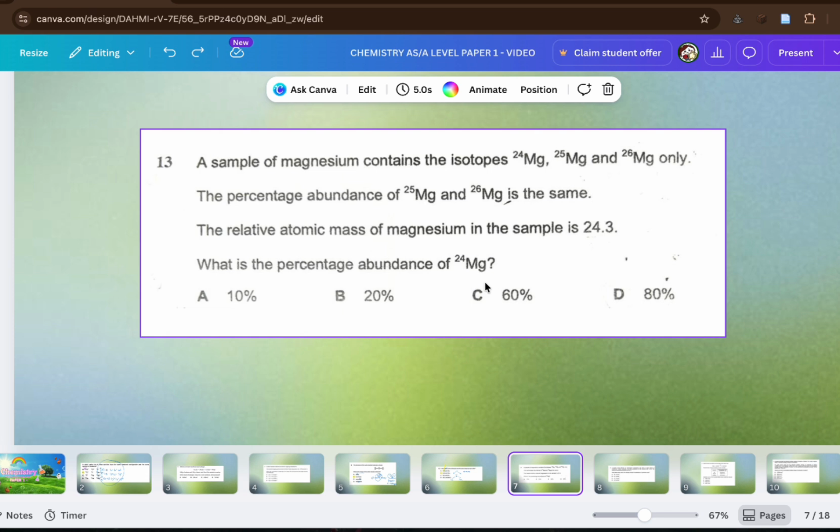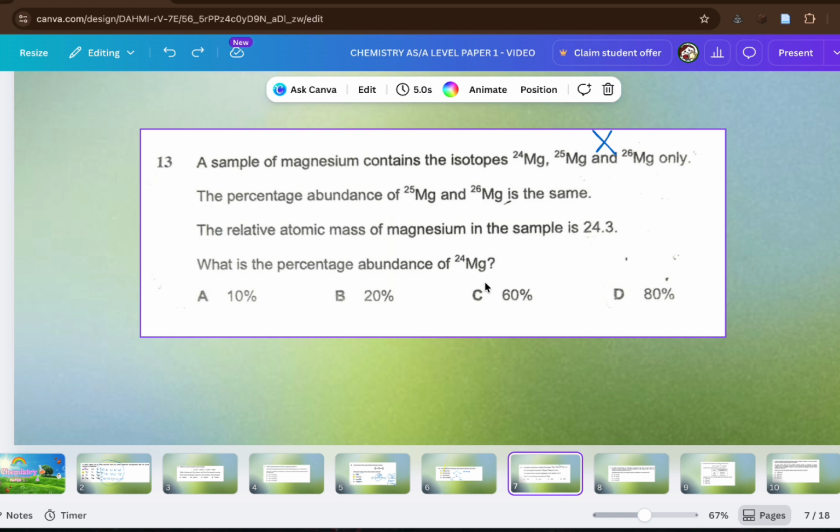So first, what we have to do is make a formula for the abundance of magnesium 24. Okay, so let's say the abundance of magnesium 25 and 26 are X. They are the same, of course, so just put them in one variable.